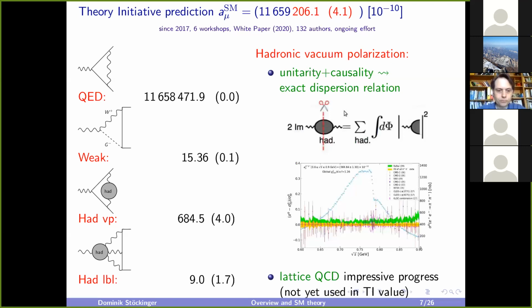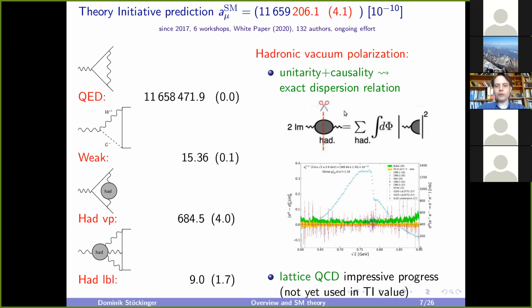And they cannot be computed using perturbation theory, but we need other methods, and methods are available. So the vacuum polarization contributions are evaluated using what we call dispersion relations.